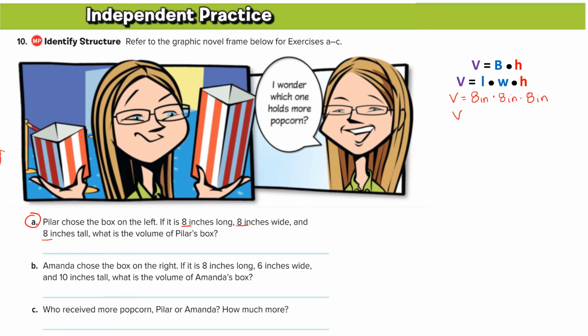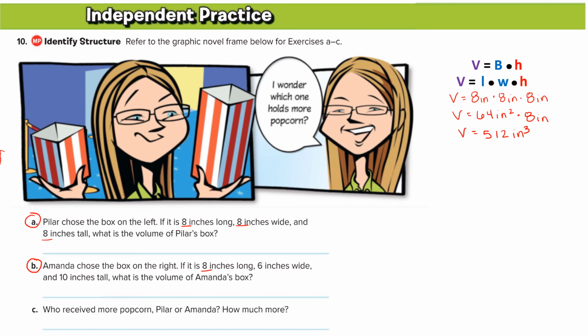So the volume equals 64 inches squared times 8 inches. So the total volume equals 512 inches cubed.